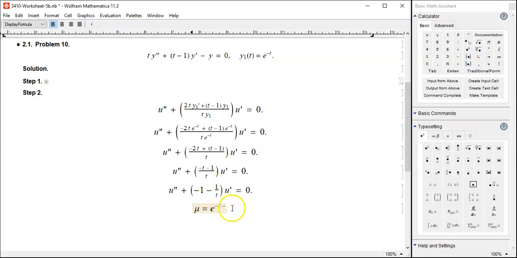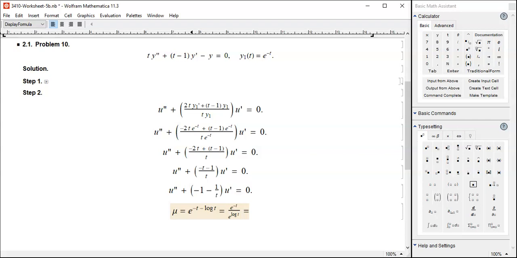And antiderivative of 1 over t, that's log of t. That's the integrating factor. So this is equivalent to e to the -t, and then over e to the log of t using those exponent rules.